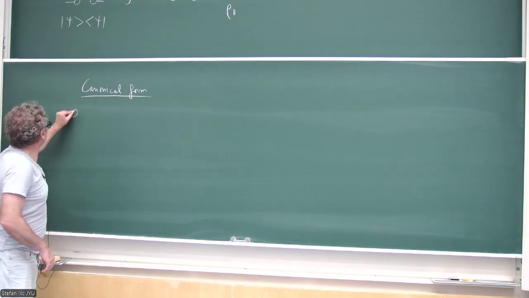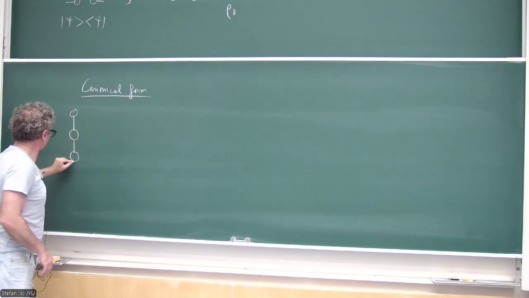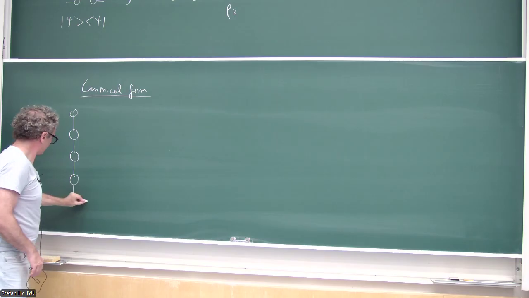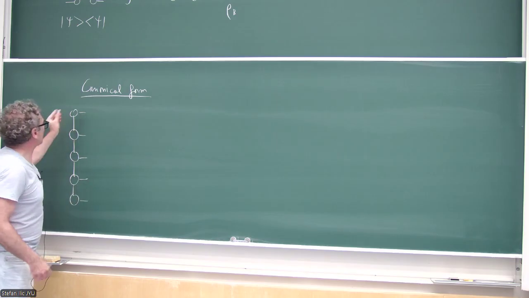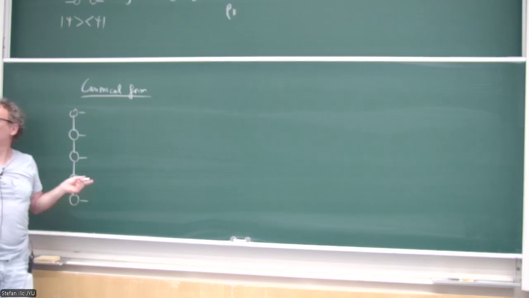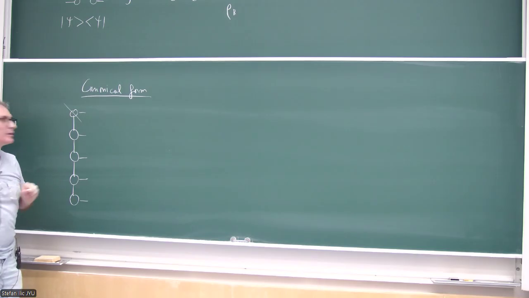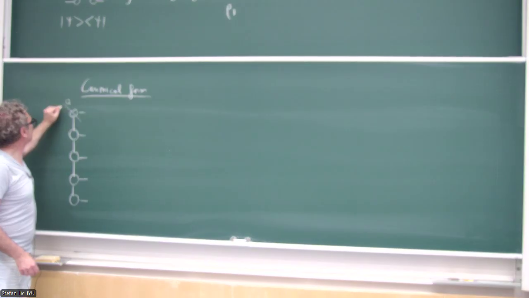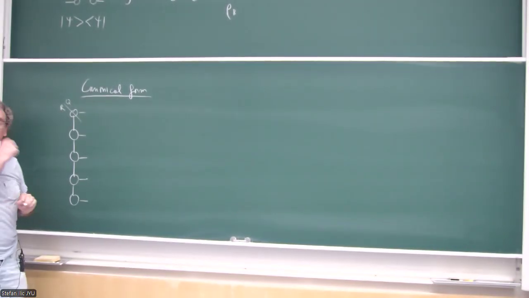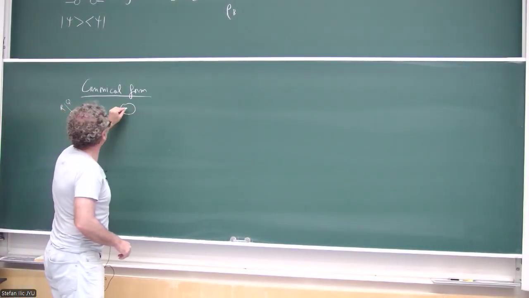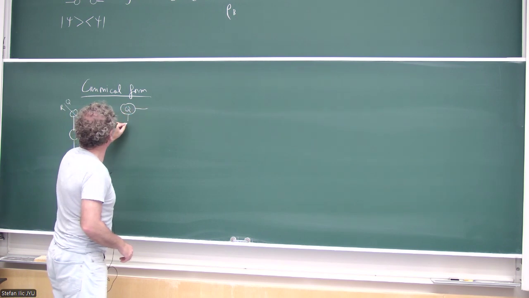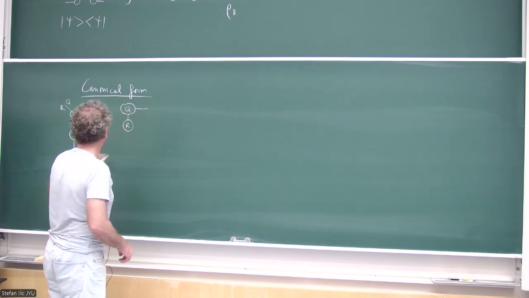So canonical form is this. You start with an MPS, any form that you have, and you perform a QR. I cut here, and I put the Q here and the R here. So I get Q, R, and then the rest.